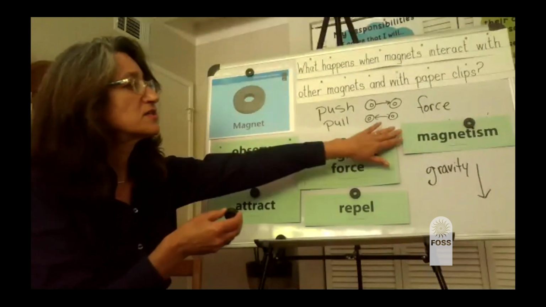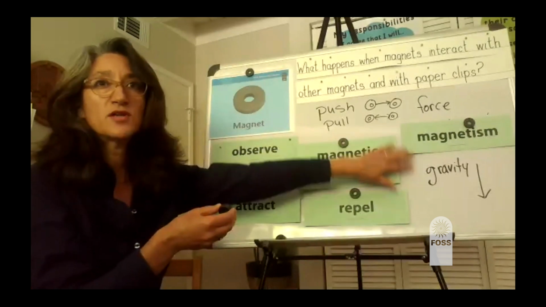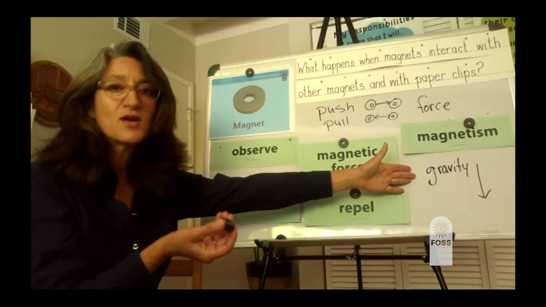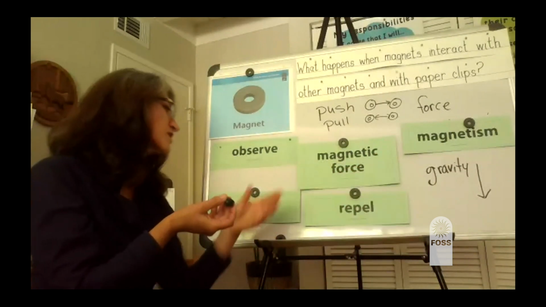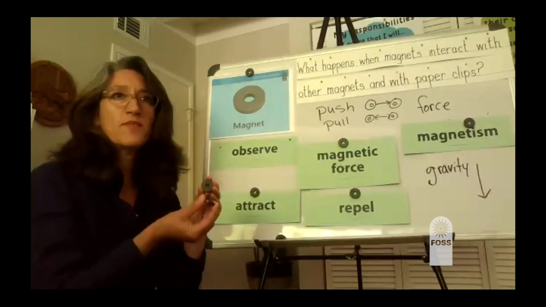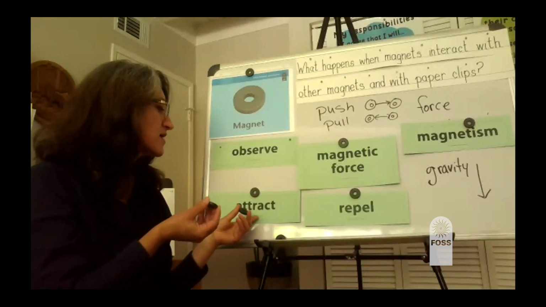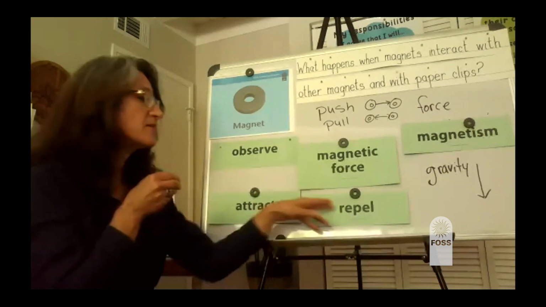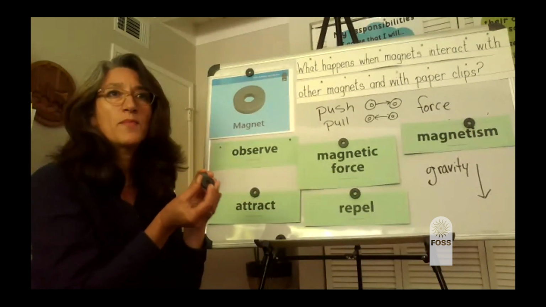And so this force is magnetism, and we also talk about the idea that there's another force that's acting on us all the time, which is gravity. And as we're exploring with our magnets, we're going to talk about that pull being to attract, and that push being repel.